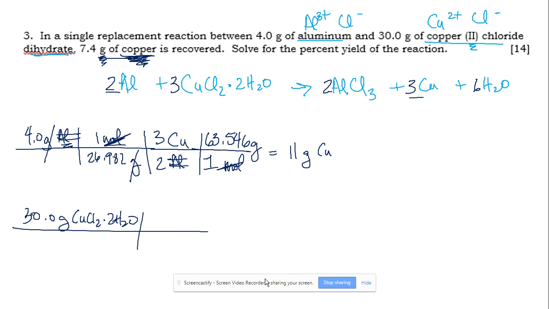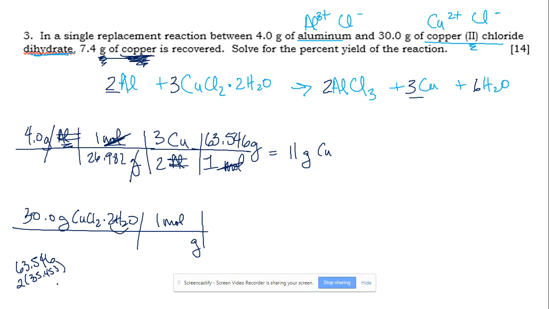Now we need to do the same thing with our 30 grams of copper 2 chloride dihydrate. So first step is to get rid of those grams, turn our grams into moles. This one's a little trickier to calculate the mass of because I need 1 copper, 63.546. I need 2 chlorines, 35.453.